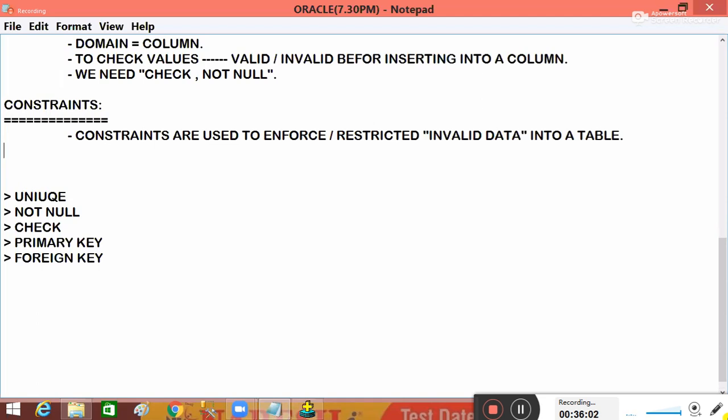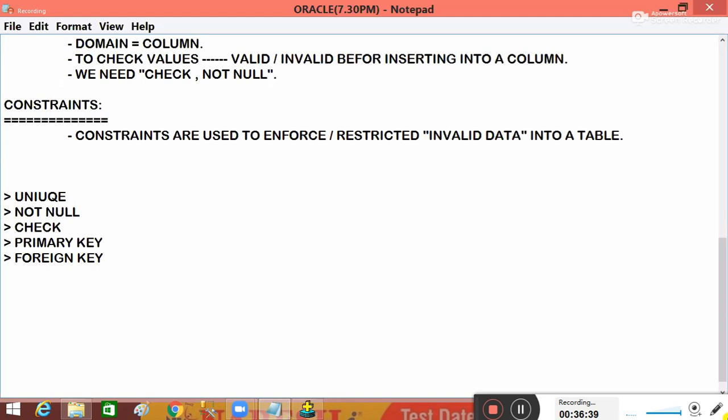The main purpose of these constraints is restricting invalid data, unnecessary data, unwanted data. Whenever a user tries to insert some data, I want to restrict it if it is invalid. That is the main cause of constraints.